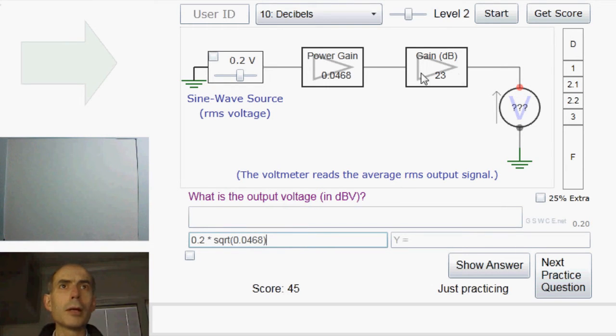And then I'd multiply that by this block, which has a gain of 23 dB, so in voltage terms that would be a gain of 10 to the power of 23 divided by 20, and that is my total output voltage there. However, we're not asked for the output voltage in volts, we're asked for the output voltage in dBV.